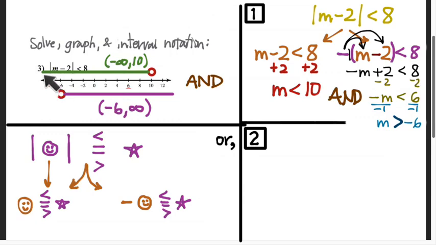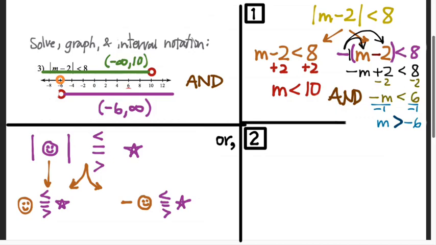If I look for the overlap between the green and the purple, where is it going to live? How far to the left do these intervals overlap? Just to -6. Right? It doesn't go any further to the left than -6 because once we cross -6, we no longer have the purple interval.